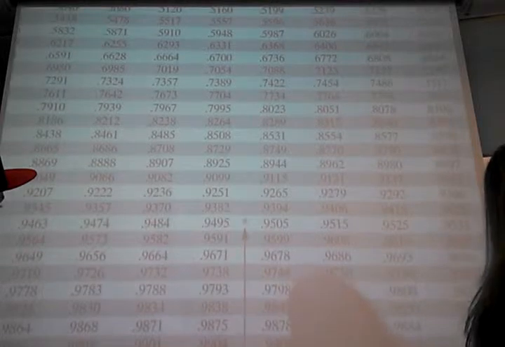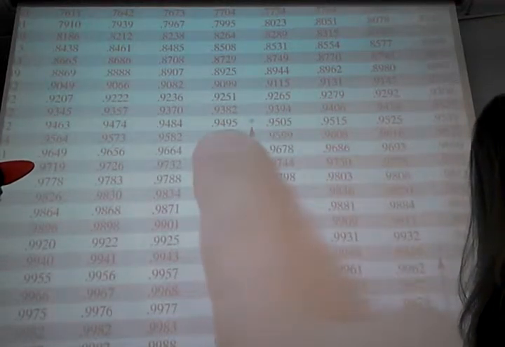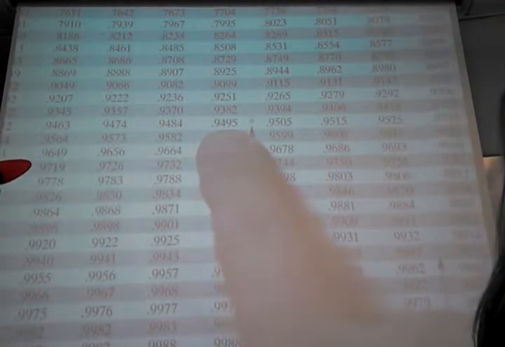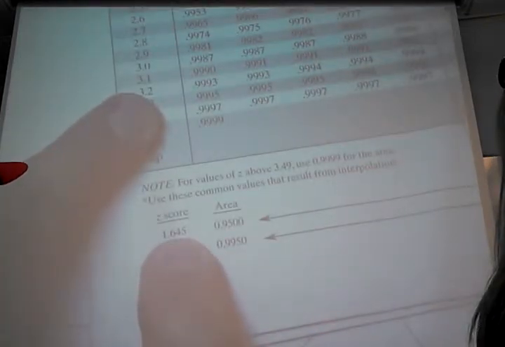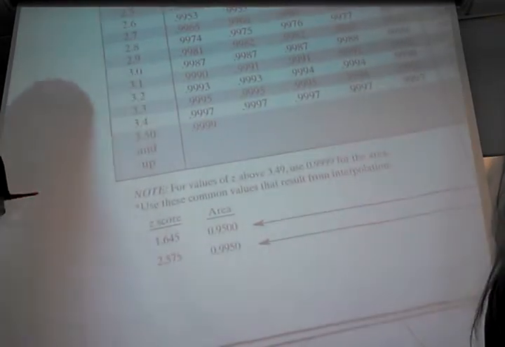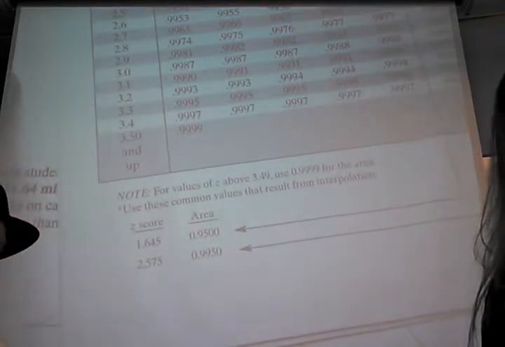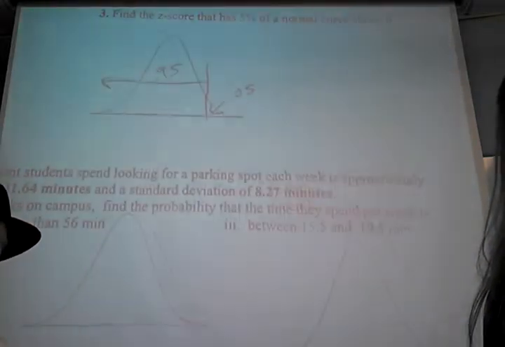So this side would be 1.64, this side would be 1.65. So of course right in the middle is 1.645. So those are the times that I do want the one. When it's right in the middle, you might as well split the difference. So this should be 1.645 for a z-score.